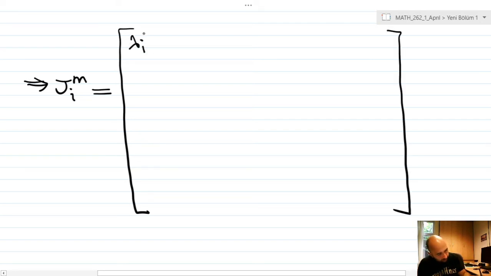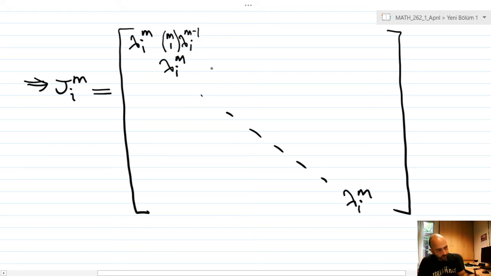You have lambda_I to the power M on the main diagonal. One step above the diagonal, you have M choose 1, lambda_I to the M minus 1, and the same thing goes up to here.